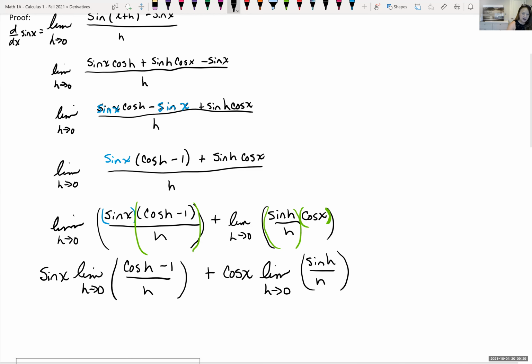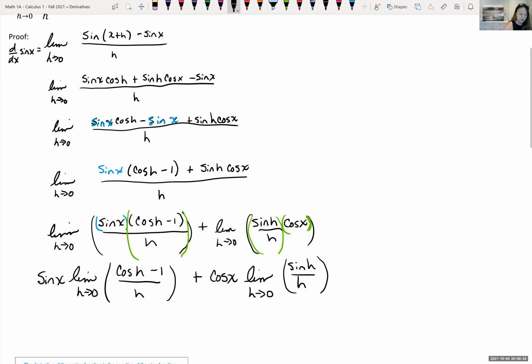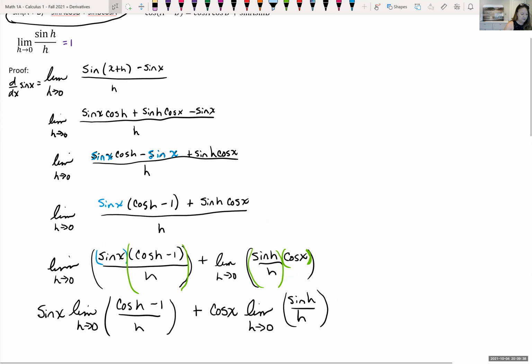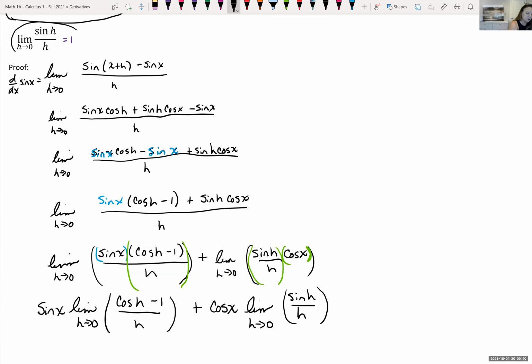Now if we do our direct substitution, we're going to get 0 over 0 in each case. But recall one of those formulas I told you that we needed to remember: the limit as h approaches 0 of sine of h over h equals 1.